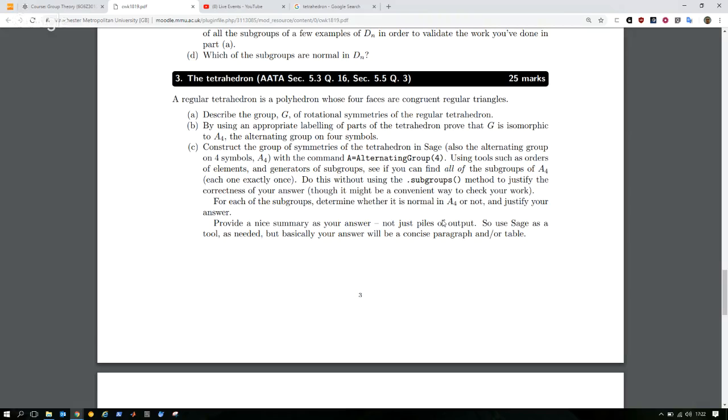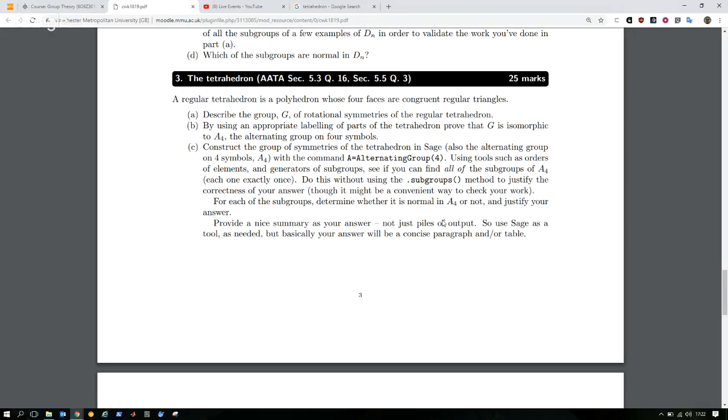Question B tells you that if you use an appropriate labeling of parts of the tetrahedron, for example, the vertices are 1, 2, 3, 4, you can describe it not as what happens to the whole tetrahedron, but only what happens to the vertices.